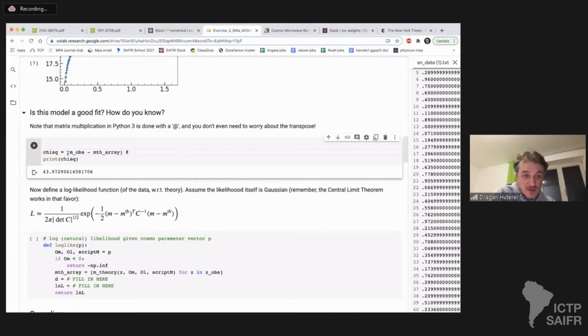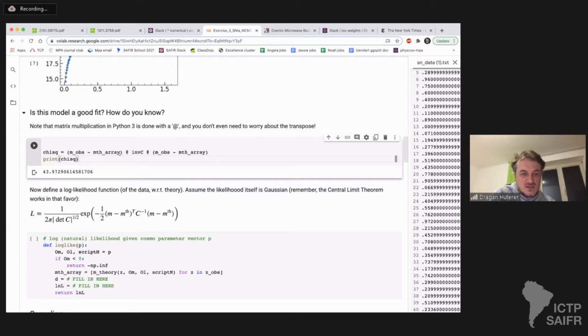I'm going to have that at the end also, so I might as well copy it. The order matters, as you know, with matrix multiplication. I think I call that inv C. So I'm multiplying a vector, this is a row vector, times a matrix, times a column vector.